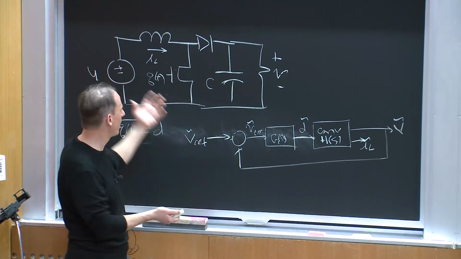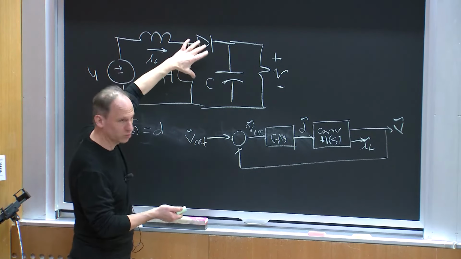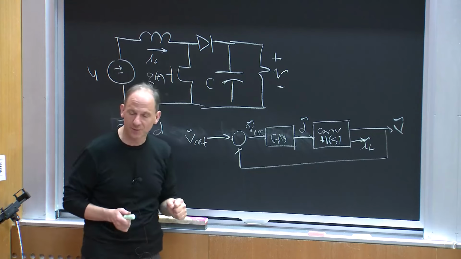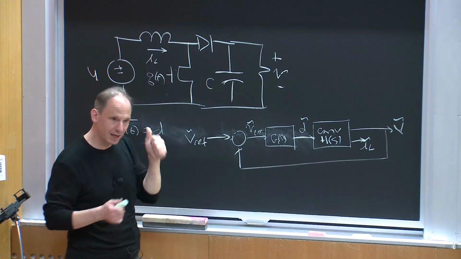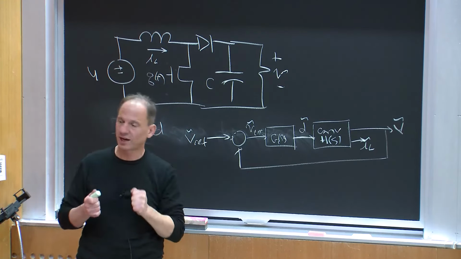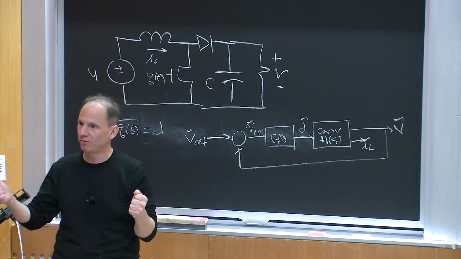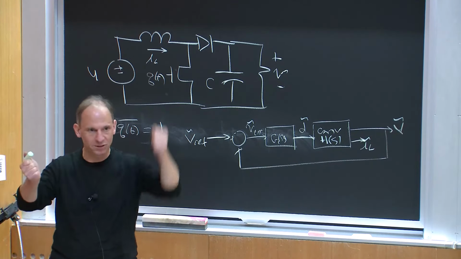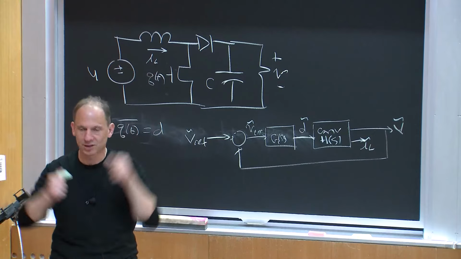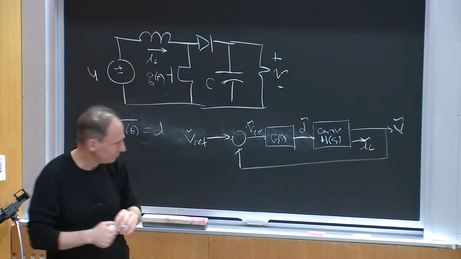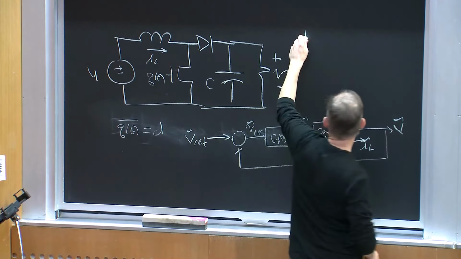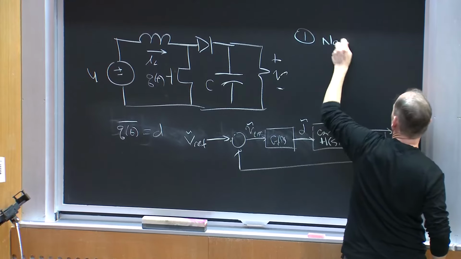So because the modulation is mediated by the switching, we get nonlinear behavior. And what that means is that the small signal dynamics physically vary with different values of, say, input voltage and output voltage. So if I have a different value of input voltage and the same value of output voltage, I should expect my dynamics to vary. So one, we saw nonlinearity, which arises.